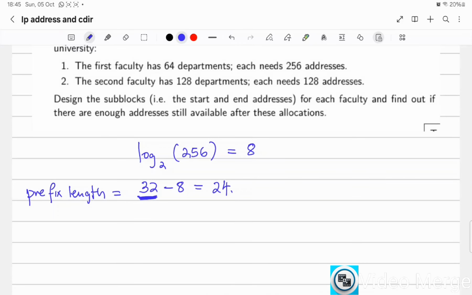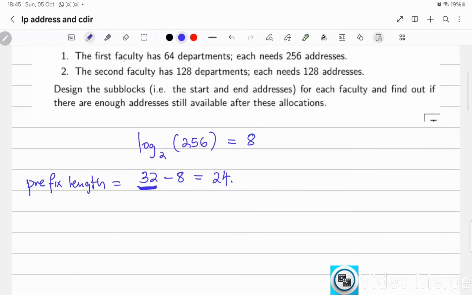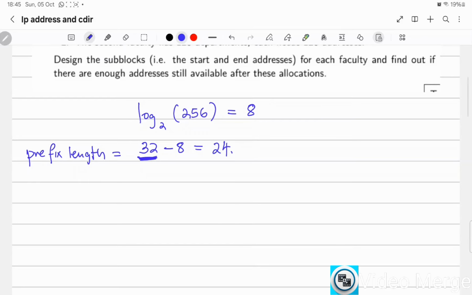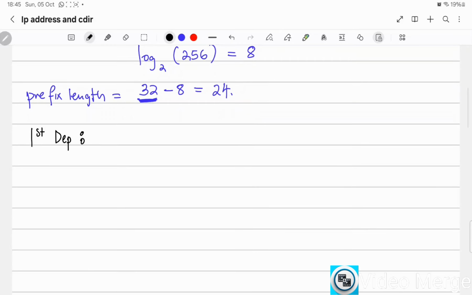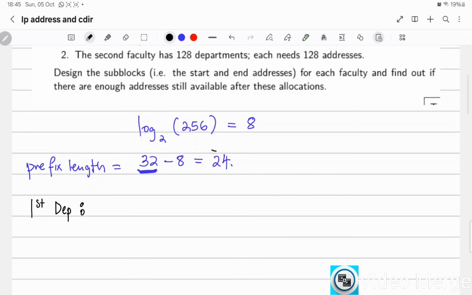So okay, then from here, the question says the first faculty has 64 departments and each needs 256 addresses. So let's start with the first department. We remember now we have this value here, 24.